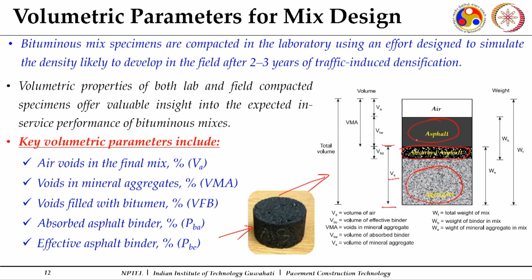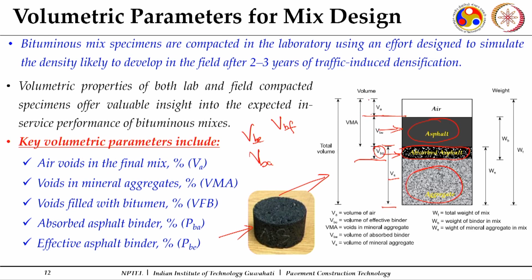So, the volume of asphalt: some has gone inside the aggregate surface, some part is free. If this is my total binder, VBA is the one which got absorbed, and VBE is the binder which is effective, or I can write it as VBF, binder which is free, and VBA is the binder which is absorbed inside the aggregates.